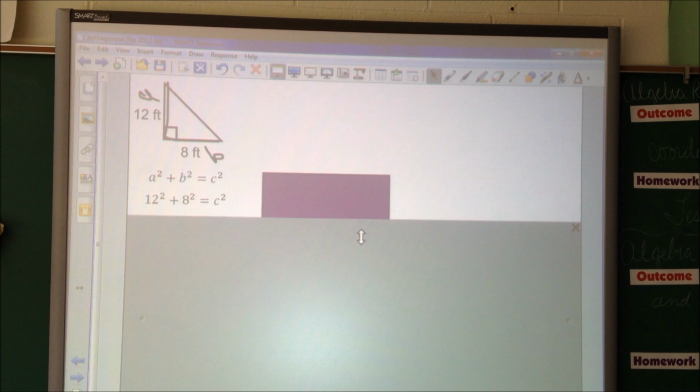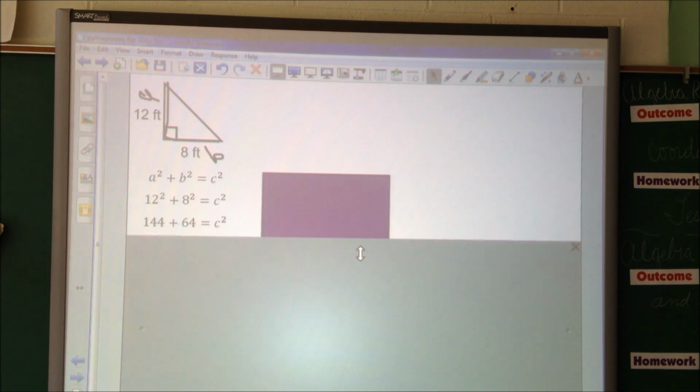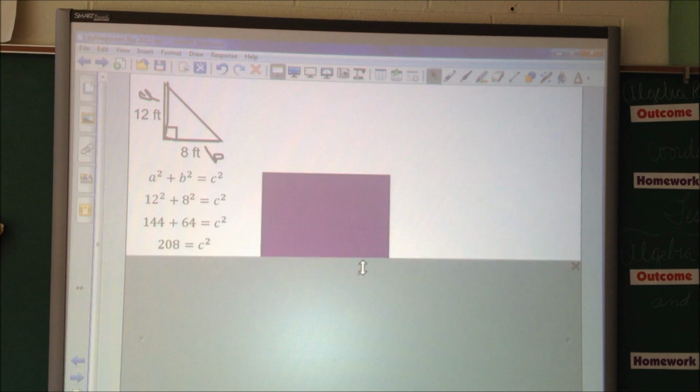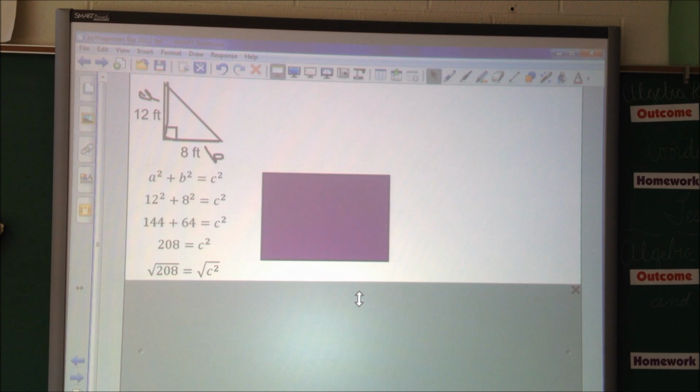I'm going to use my calculator to square them, or I'm going to use my brain. 144 plus 64 equals C squared. Add those together, we get 208 is C squared. And remember we learned the other day in class, I do not want C squared, I want just C. So I want to do the opposite of squaring, which is square rooting.